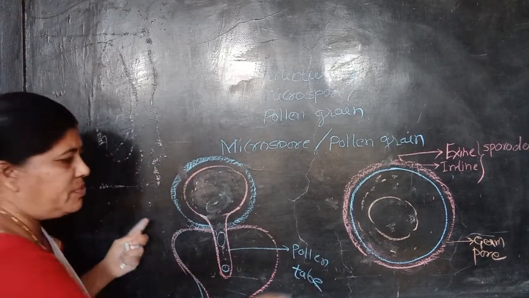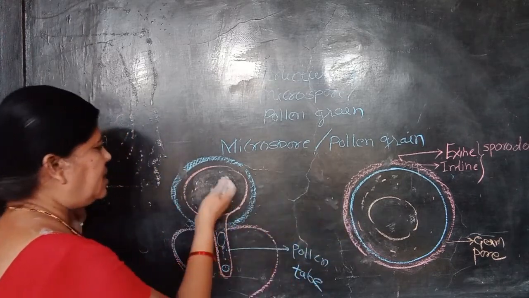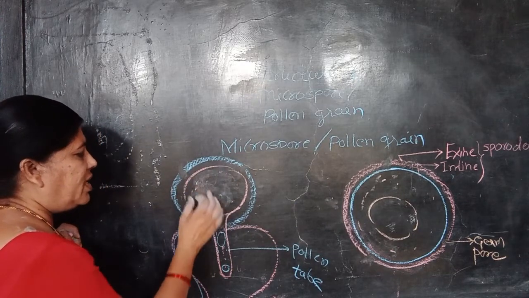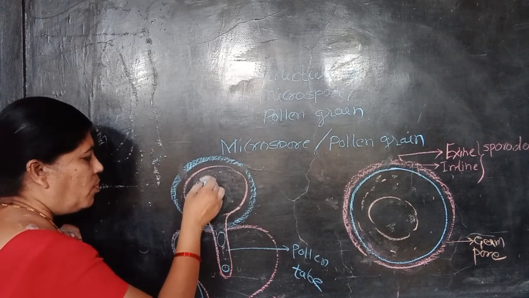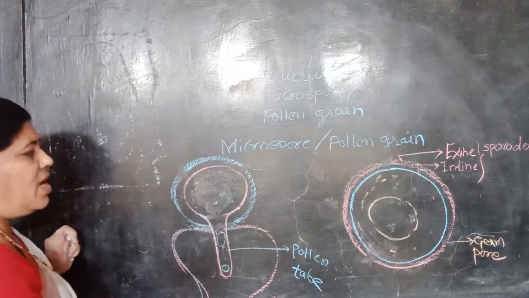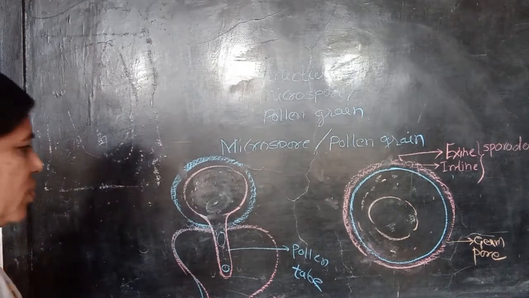So what is the function of germ pore? At the time of germination of pollen grain, pollen tube comes out through germ pore, and this process is called germination of pollen grain.